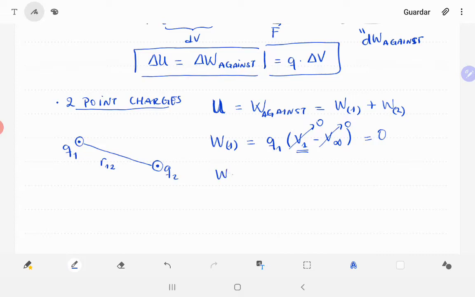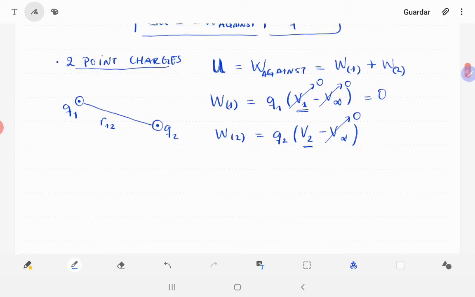However, for the second charge, now there's already a charge. So this is going to be Q2 times the potential at point 2 minus the potential at infinity. This potential at infinity is 0, but the potential at point 2 is not 0 anymore, because we already had charge 1 placed there. So what is the potential at 2 when we already have charge 1?